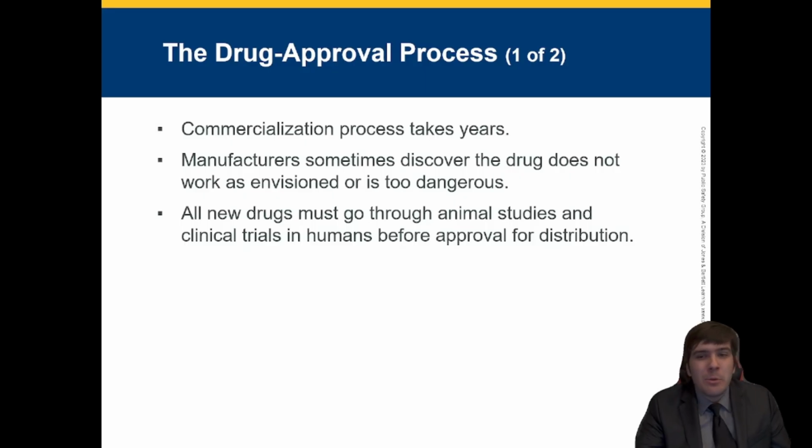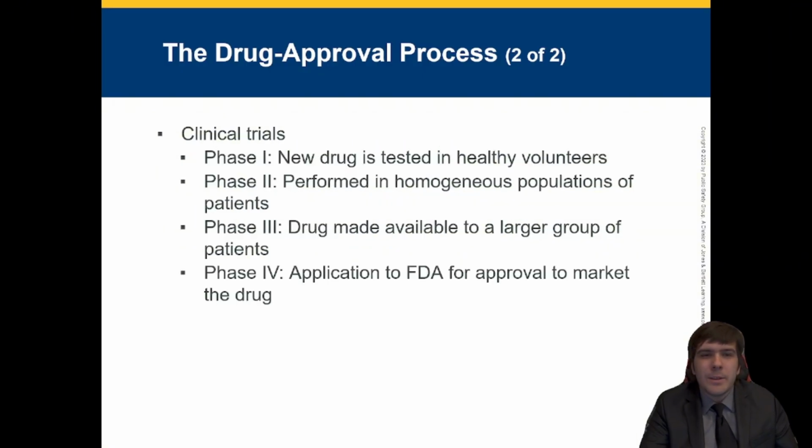All new drugs must go through animal studies and clinical trials in humans before approval for distribution. You hear about this often. Sometimes you hear news articles about how they cured cancer in mice, and they might be moving to human trials very soon.